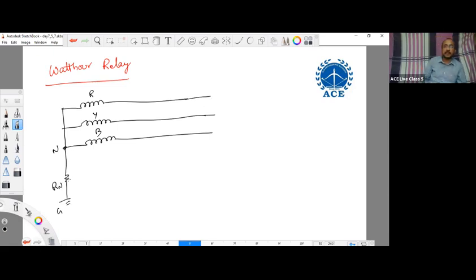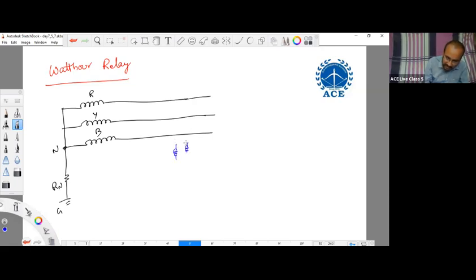As you know, the watt hour relay consists of current coils as well as voltage coils. Now let us see how this watt hour relay can be implemented for protection of the stator winding from interturn fault. To excite the voltage coils and current coils of the watt hour relay, we'll be using an auxiliary three winding transformer.